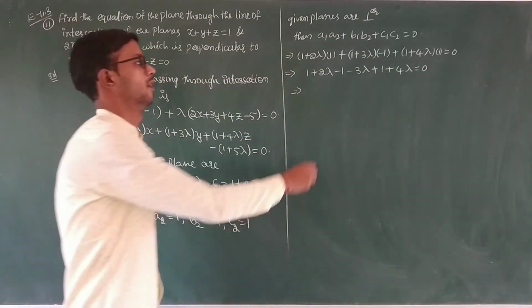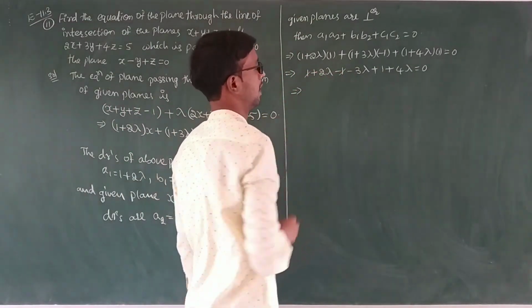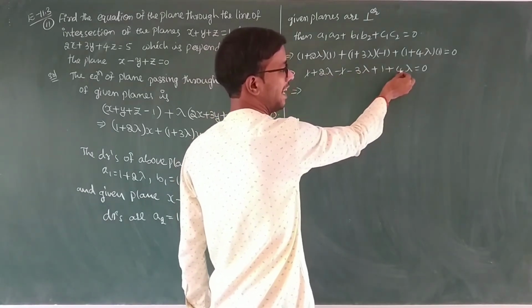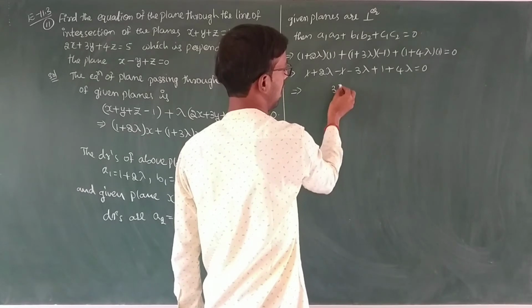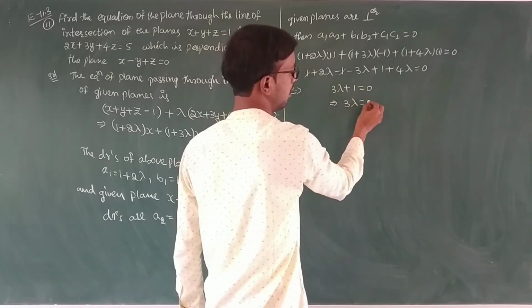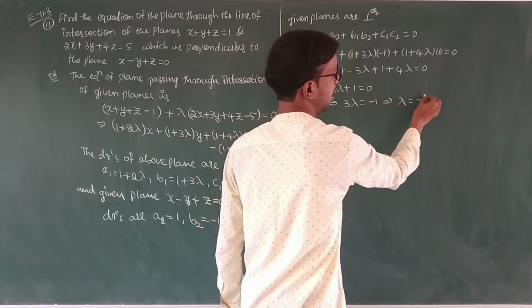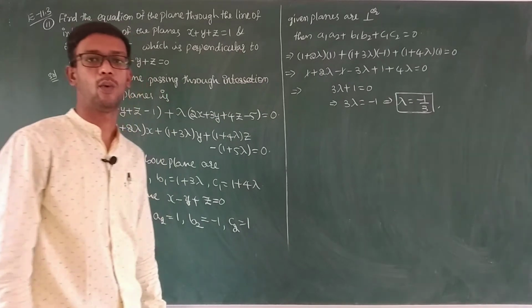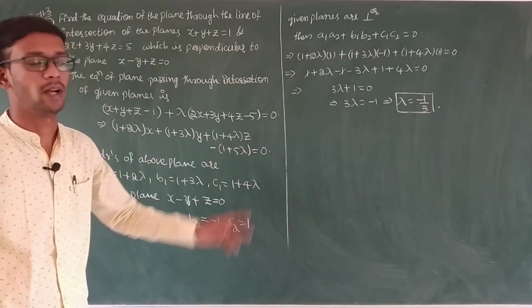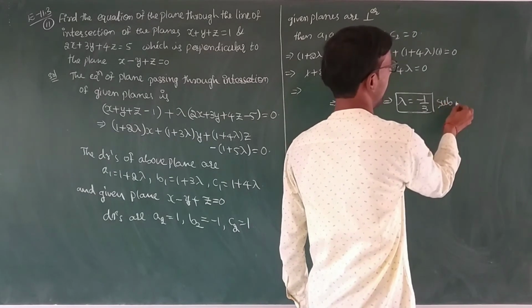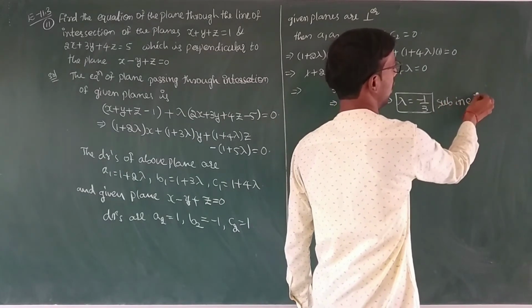Here 1 minus 1 cancels, minus 3 lambda and 2 lambda plus 4 lambda gives 3 lambda, plus 1 is equal to 0. So 3 lambda is equal to minus 1, lambda is equal to minus 1 by 3. This value we substitute in equation 1.